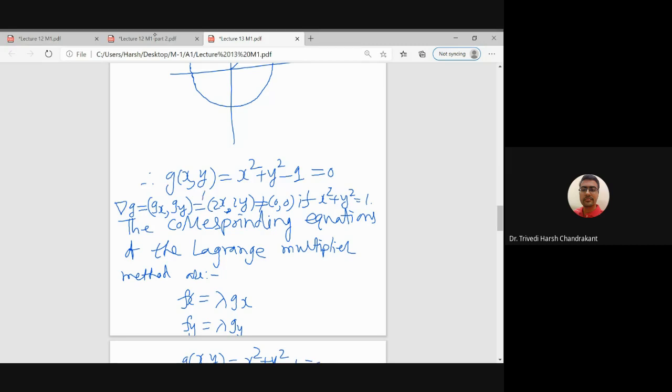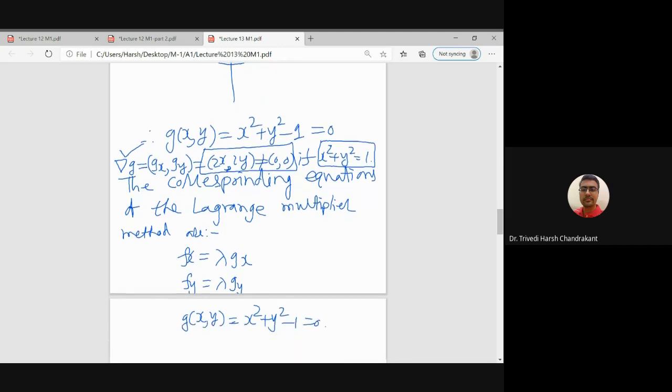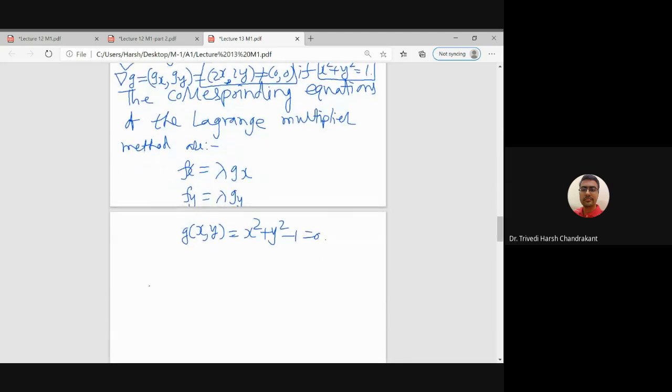Therefore, the condition for applying the Lagrange multiplier method is satisfied.